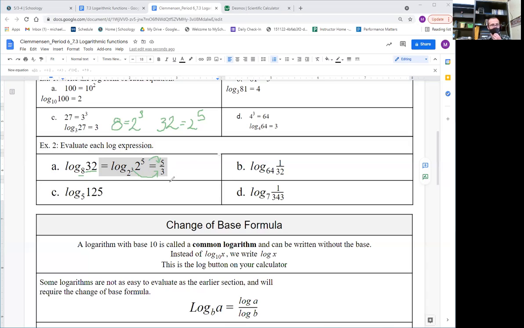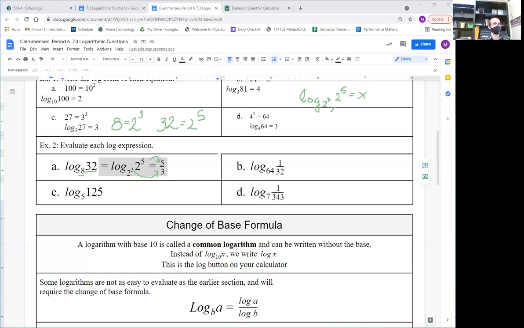Now, this is one way that we can do this process. We can do the cheater method where we take the exponents that we just found. We can also rewrite this equation: log of 2 to the third times 2 to the fifth equals x. Trying to find out what this is equal to.